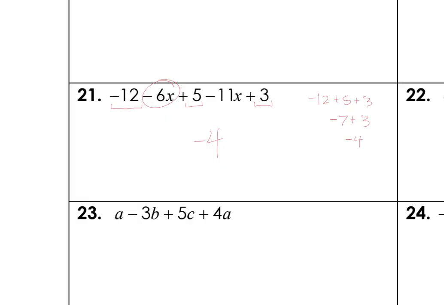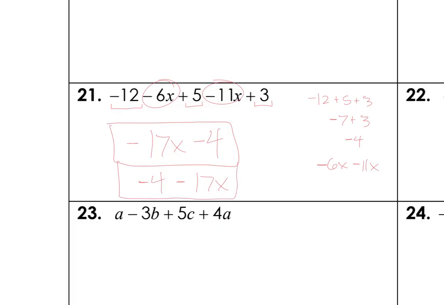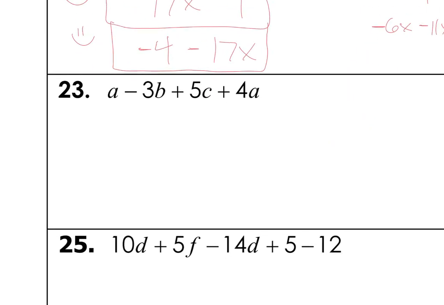Negative 6x, negative 11x. Negative 6x minus 11x. That's a negative 17x. So whether you write it like this, or if you write it like this, that's the same thing. I'm good. We good.